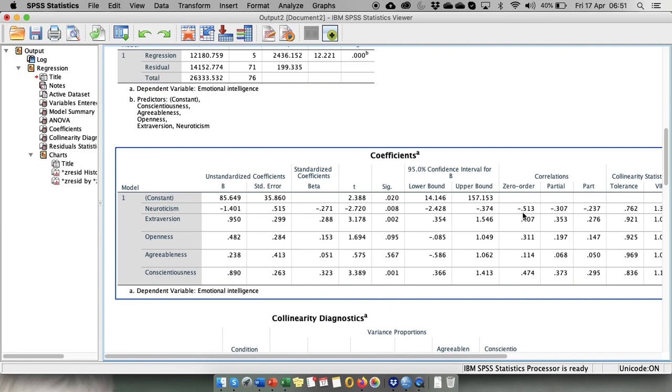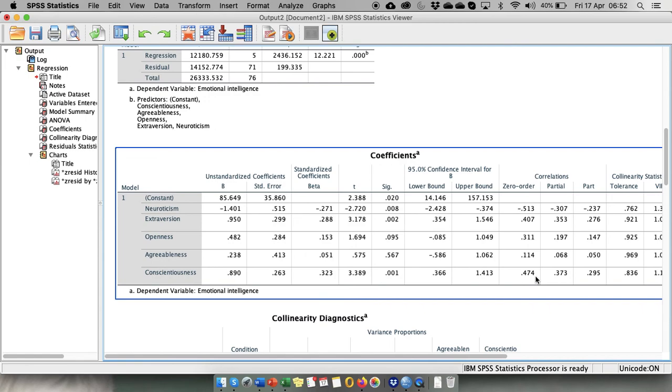So it was a strong negative correlation. For extraversion, it was a moderate positive correlation. For openness and agreeableness, the correlations were a bit weaker, but still positive. And for conscientiousness, the correlation coefficient was again moderate and positive.